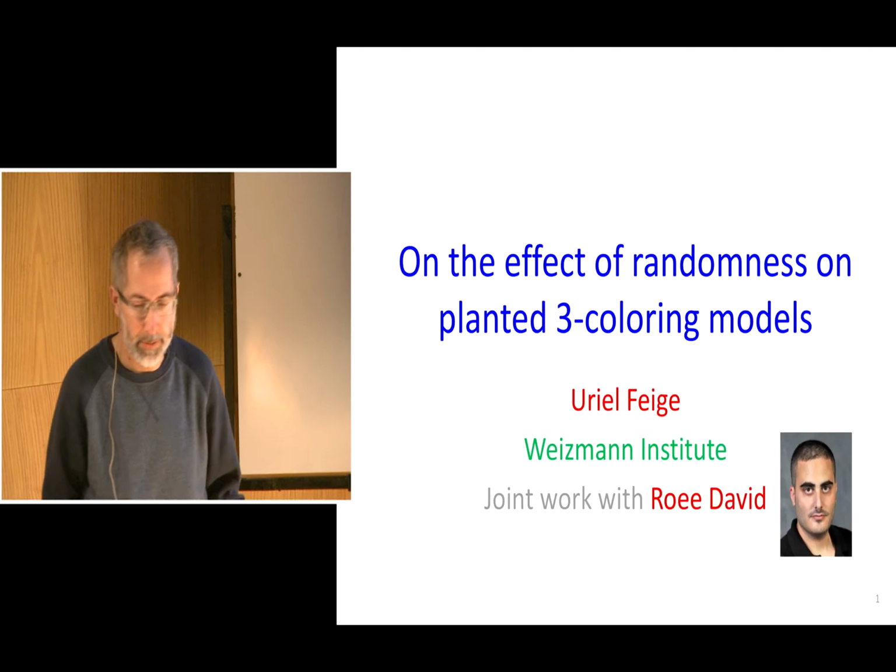Okay. The next step is a local improvement step. In this step, you take any vertex, look locally, and ask, do I think that I'm in the right color? So it counts how many neighbors it has in its own color and in different colors. And if it has many neighbors in its own color and a smaller number of neighbors in a different color, it would like to switch color, so it would be involved in fewer violating edges.